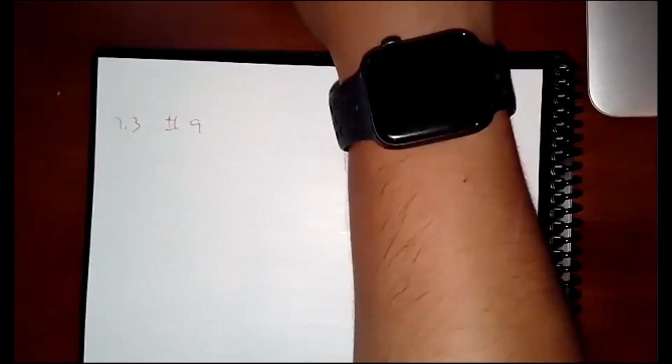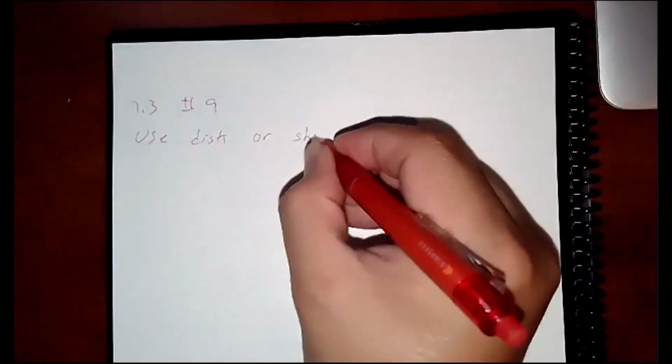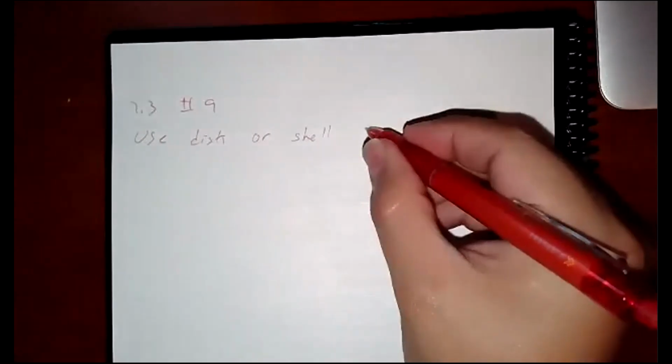All right, let's see what's going on here. So the functions were, let me write them down real quick. Use disk or shell. Find volume.